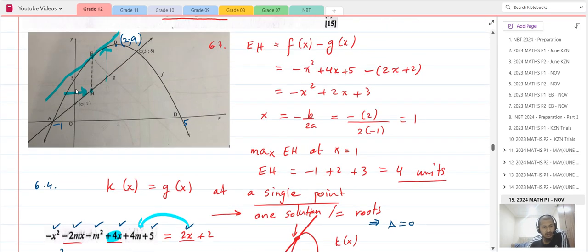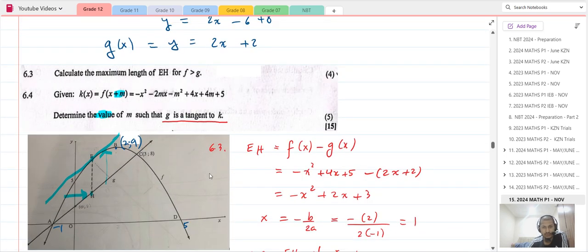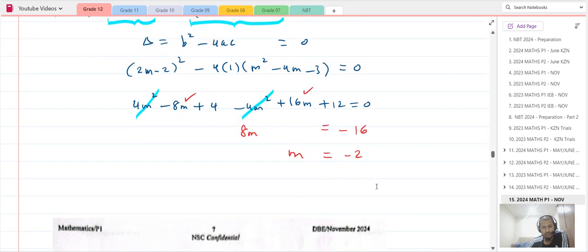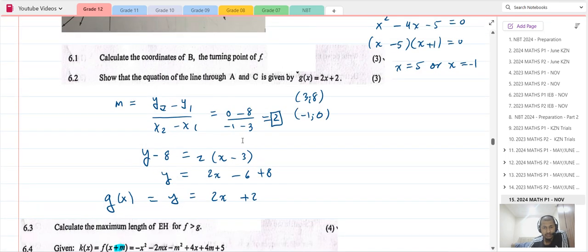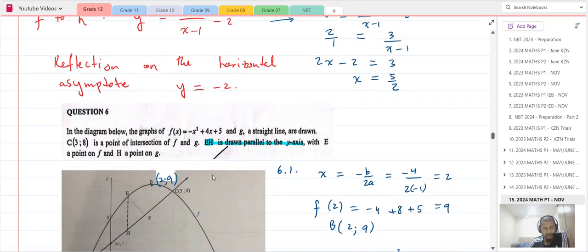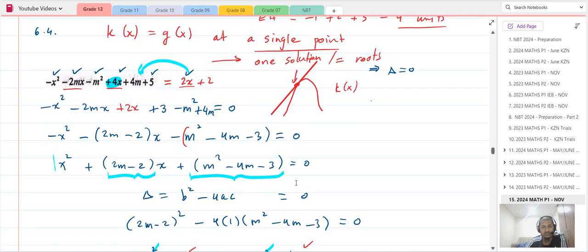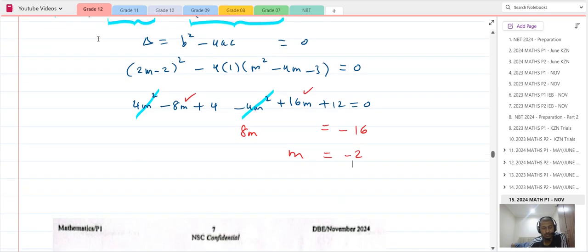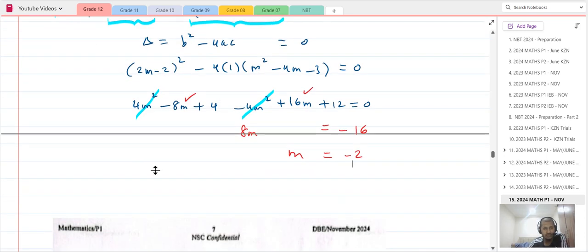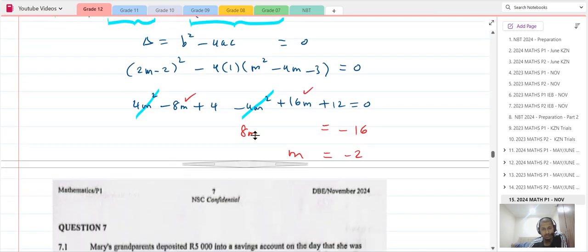The graph needs to be shifted to the right, so the value of m is negative 2. Nice question. Right, so I used all grade 11 knowledge here in question 6. I didn't use any grade 12 derivatives, so it's purely grade 11 work that I've used here. I didn't use calculus at all.